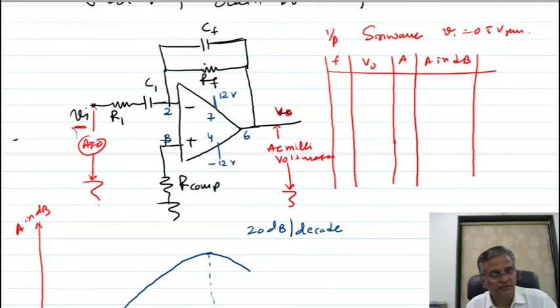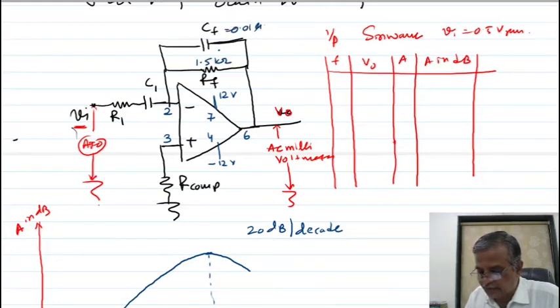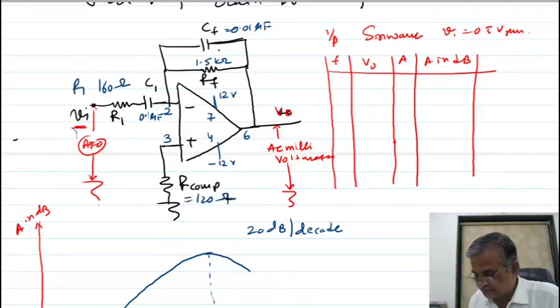Let me give the values. In practical you have to design the differentiator circuit, but for your understanding I am telling you: keep this 1.5 kilo ohm, this 0.01 microfarad, this 0.1 microfarad, 160 ohm you keep as R1, and this is 120 ohms.